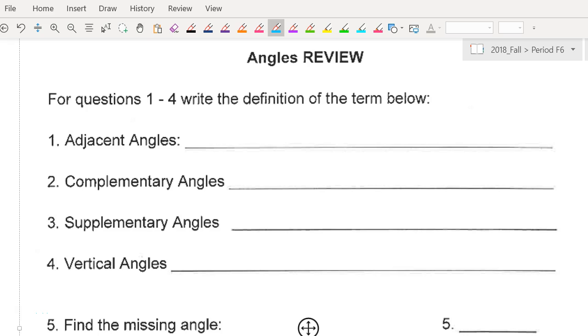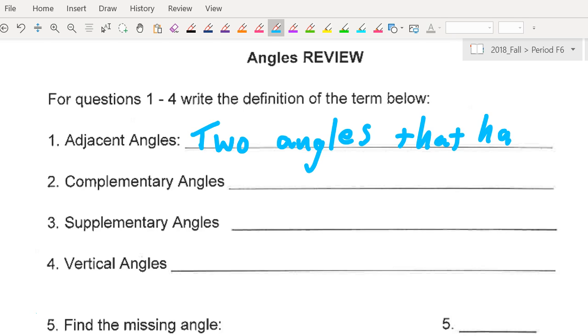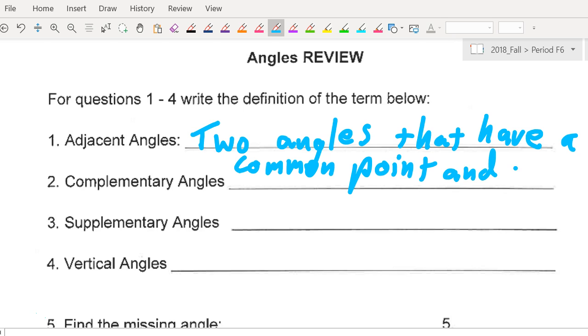We've got the definitions. Remember, question? Oh, go ahead. Adjacent angles: two angles that have a common point, and a common side.